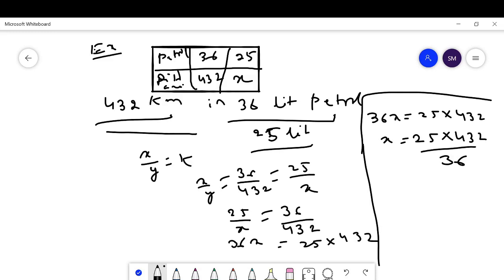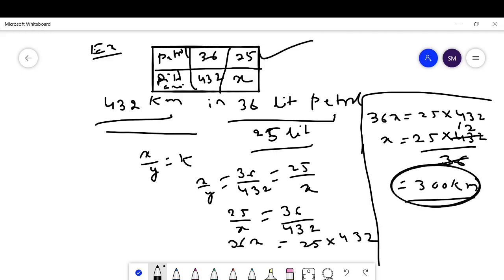When we divide 432 by 36, we get 12. Then 25 into 12 is 300 kilometers. Then in 25 liters of petrol, the car covers 300 kilometers.